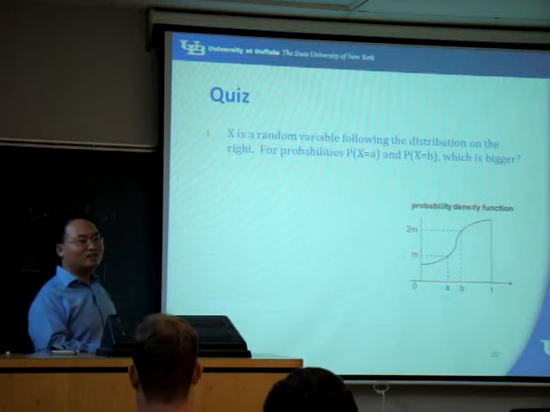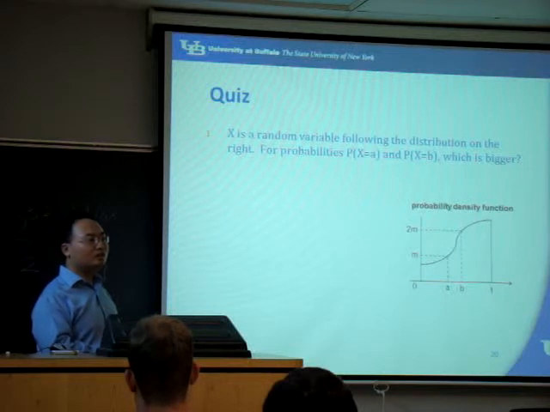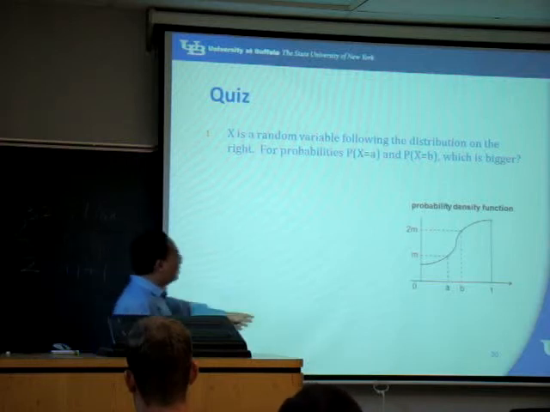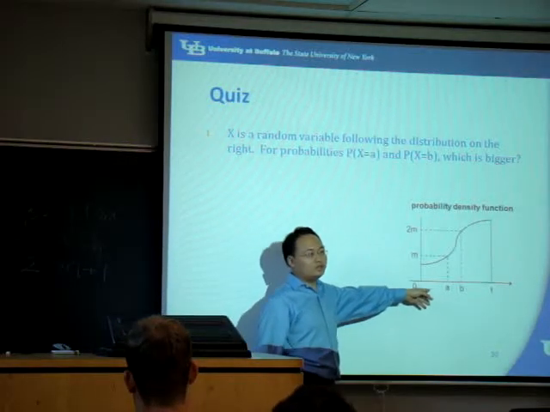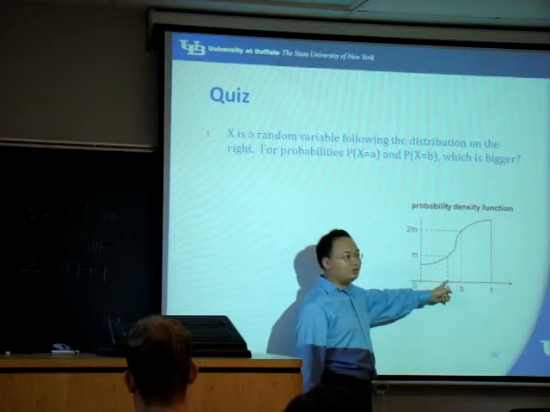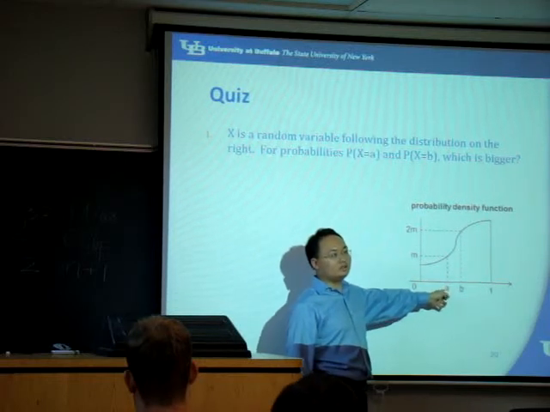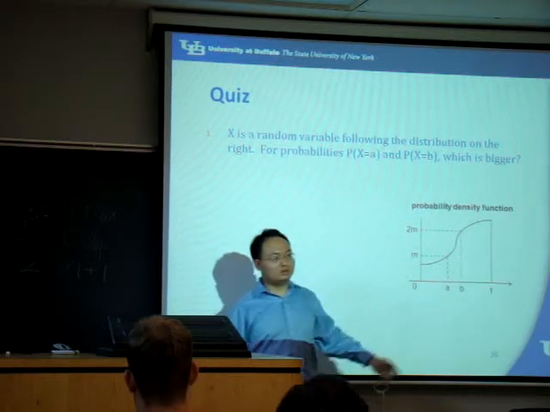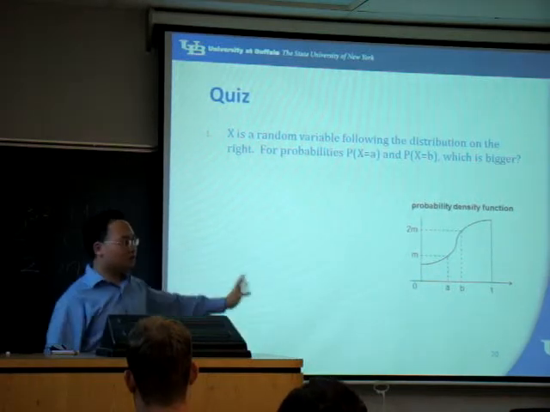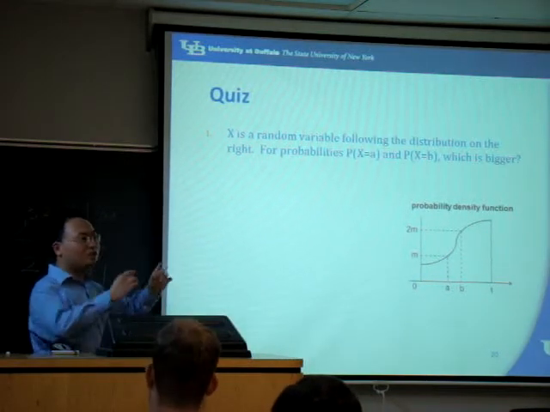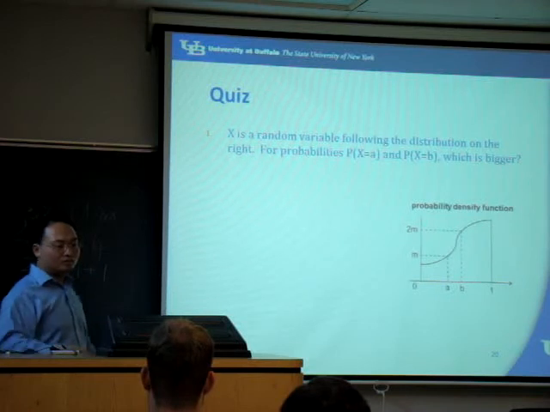B is bigger? Which is bigger? We can't tell. They are both 0. For a continuous distribution, the probability that you are going to get a certain number is 0. So actually they are both zeros. If you want to draw a specific number out of a continuous distribution, the probability is always 0.